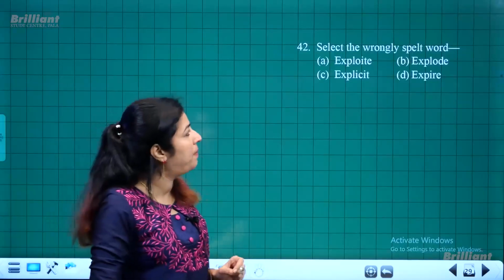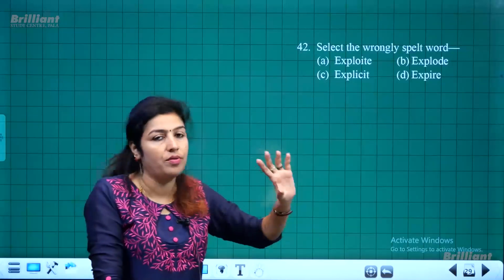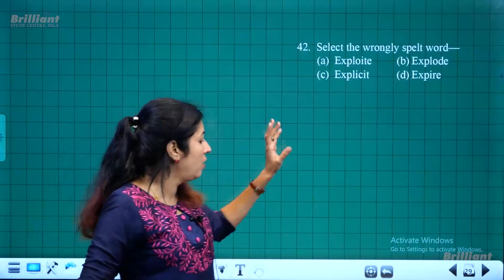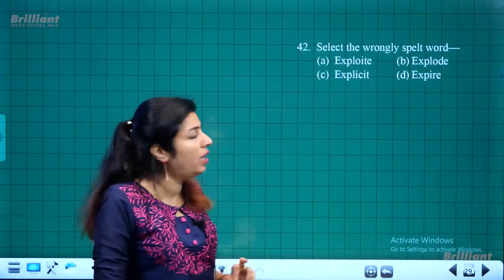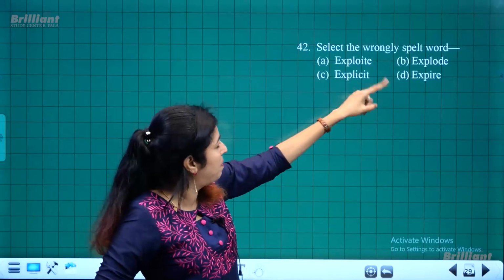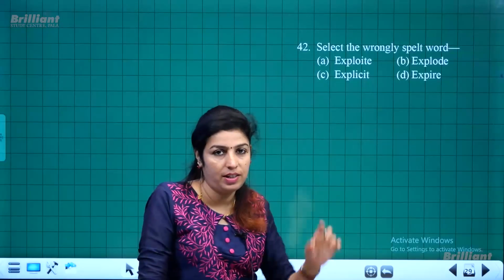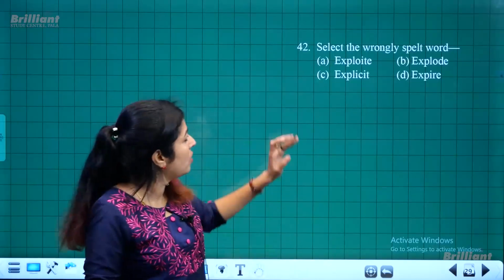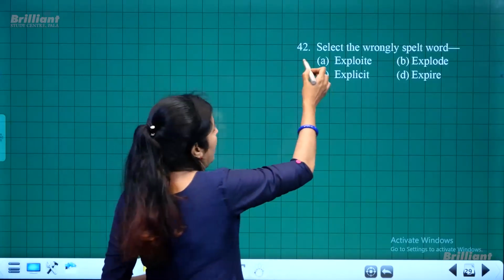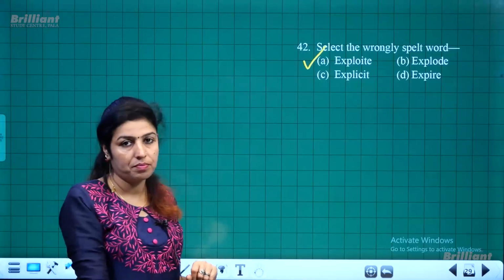Select the wrongly spelled word. One of the words has got a wrong spelling. You have to find out which particular word has the wrong spelling. Exploit, explode, explicit, expire. Everything starts with EX. So exploit, actually this is a wrong spelling. Why? Because exploit does not have an E at the end.